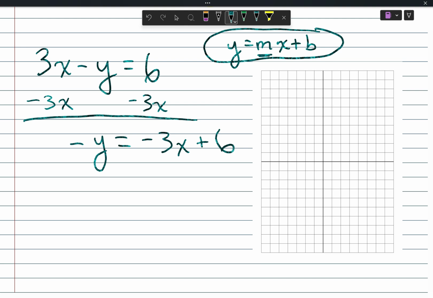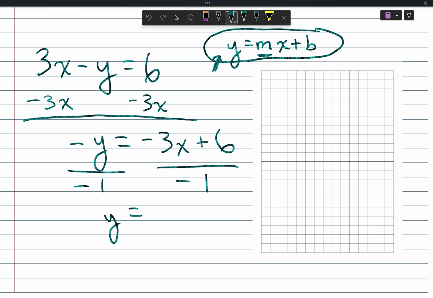The y equals mx plus b form doesn't have any negative sign in front of the y, so don't just stop once you've gotten y by itself and there's still a negative. You can multiply everything by negative 1, or divide everything by negative 1. It's your choice. I'm just going to divide by negative 1.